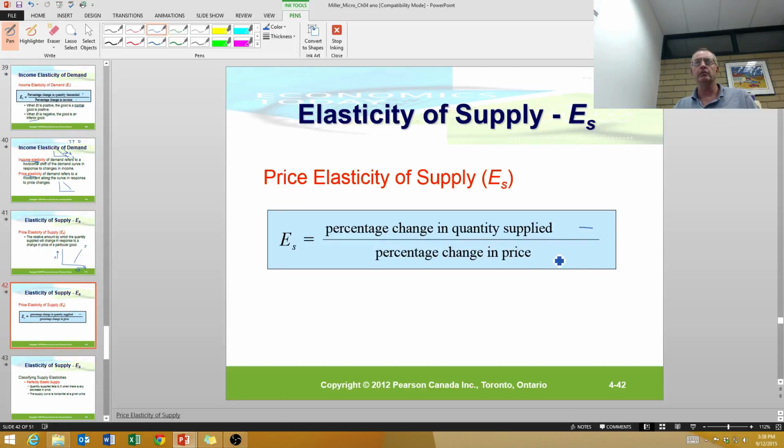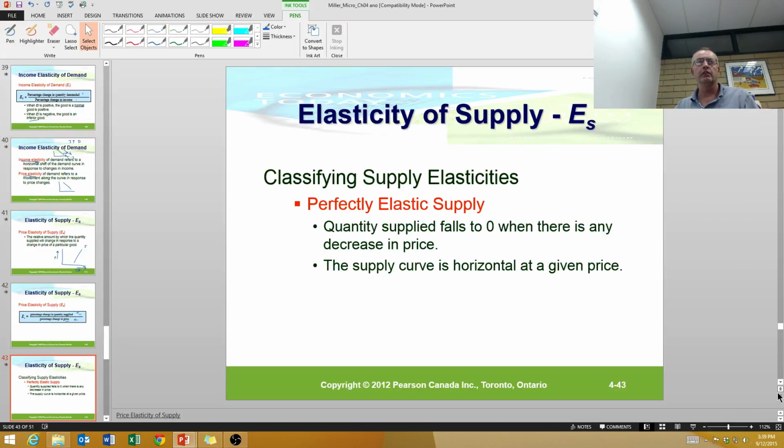It's the average of the price in the denominator and the average of the quantity in the numerator, rather than a regular percentage calculation. It's just that funny economics formula for percentage change.